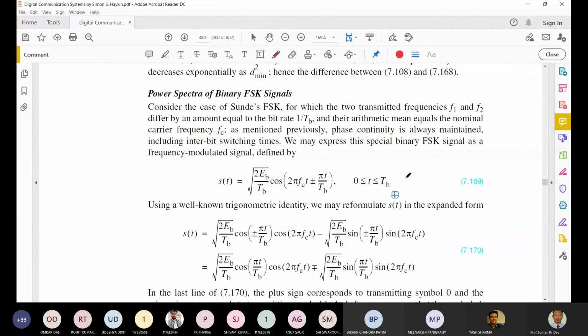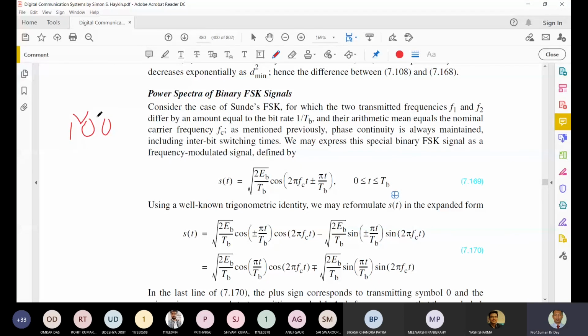So that means there is a bit rate of 1 by Tb. And as we mentioned earlier, continuity in the phase needs to be maintained. Suppose we send 0, then 1, then 0. At the inter-bit switching times, there should be continuity in the phase.